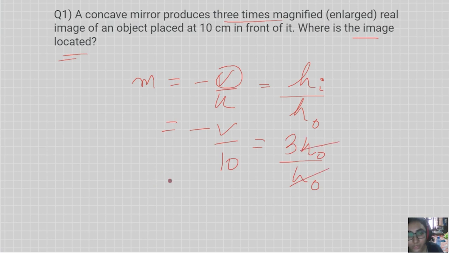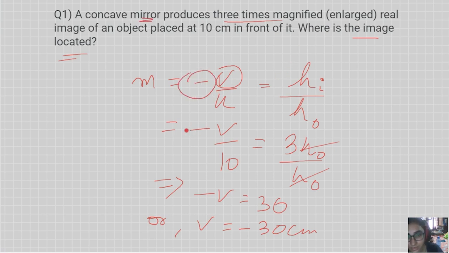Okay. So now from here what we are getting is minus v equals 30, or we can write v equals minus 30 centimeter, right? Also don't forget that when we are talking about mirror, you have to put the negative sign here, right?